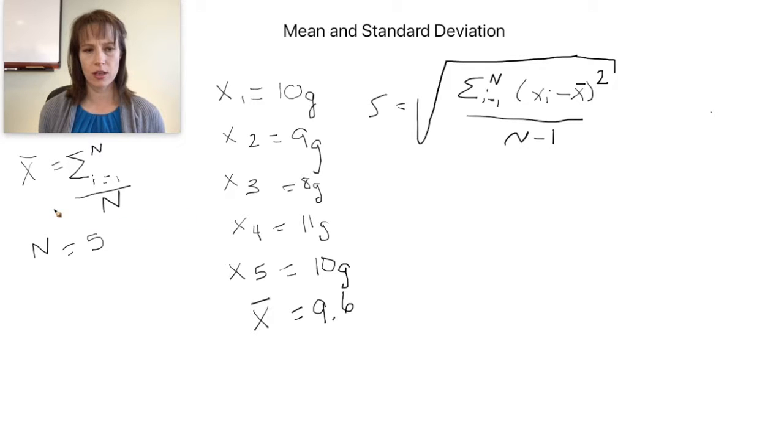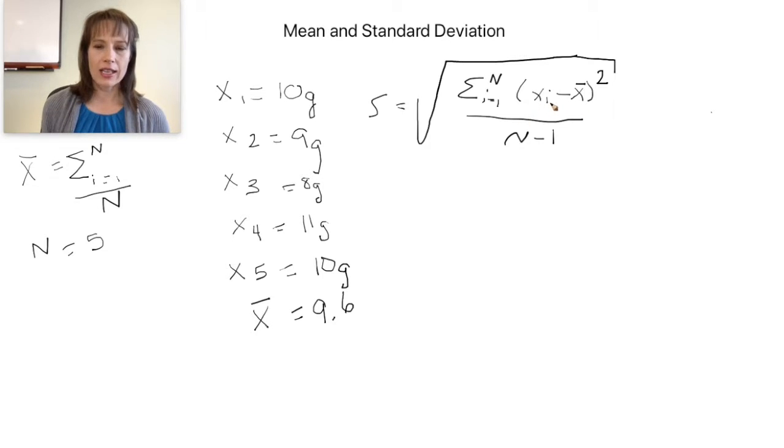I moved the equation for the mean over here, and I've written the equation for standard deviation here. It looks super confusing, but it's actually not. It's a lot of terminology that really just means, as in the mean, that we're going to add up all the values for each of the sample points, 1 to n, and in our case, n, the number of samples, is 5. We took 5 samples, so we're just going to add this calculation up for each of our sample points.